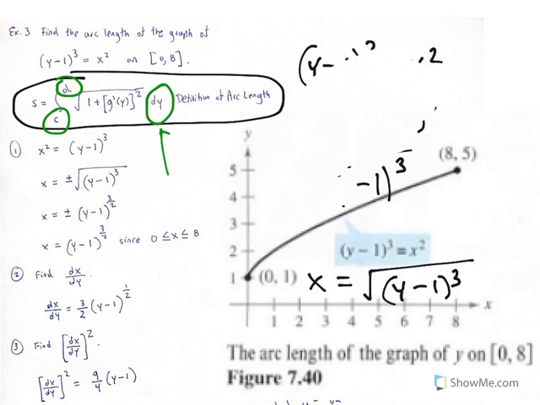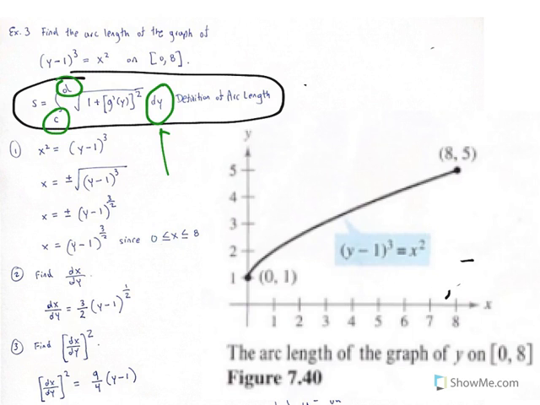To see what the limits of integration should be, you can look at the graph. That's one way of figuring out what the limits of integration should be. You can see that the two endpoints have ordered pairs (0, 1) and (8, 5). So when x is going from 0 to 8, y is going from 1 to 5. Those would be the limits of integration for our problem.